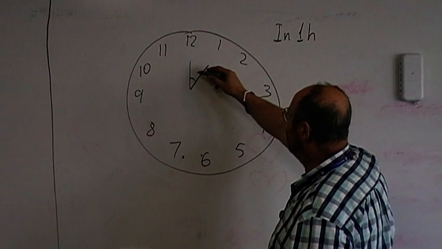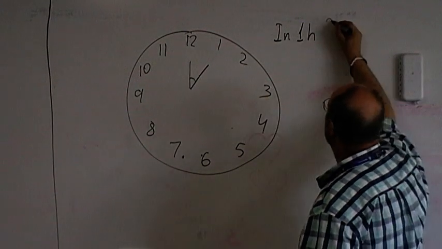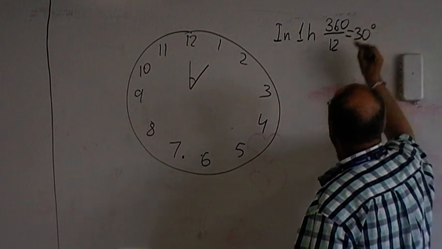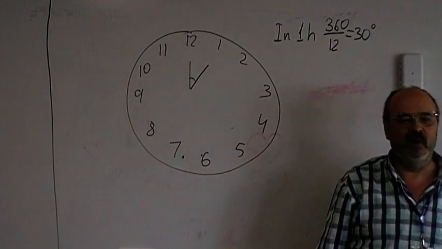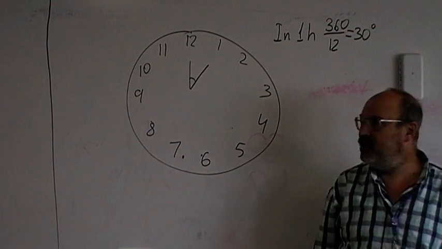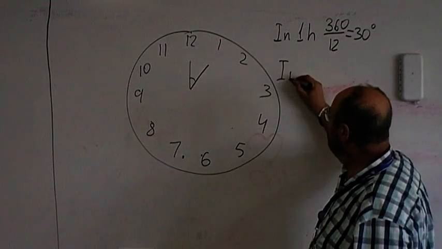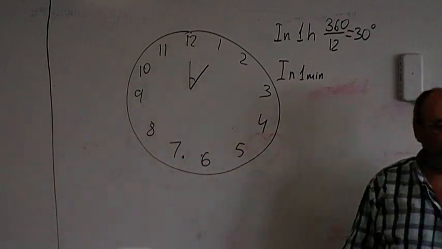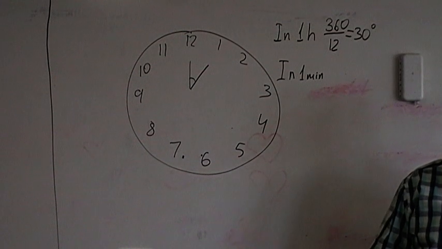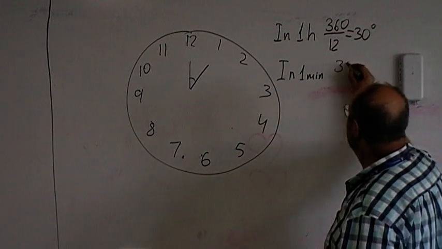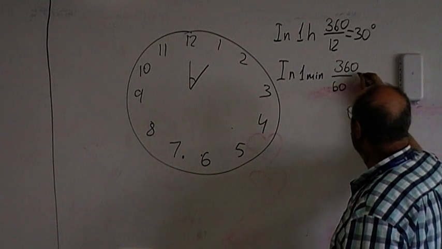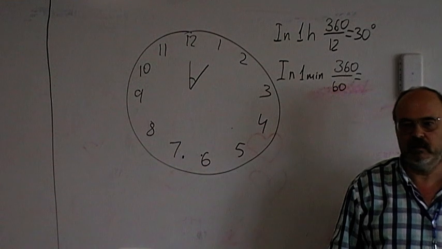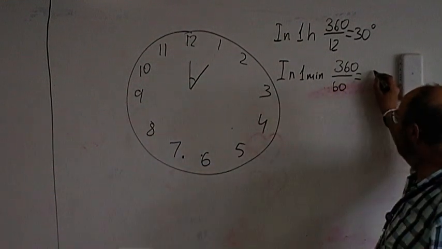Our hour hand will move 360 divided by 12, equal to 30 degrees. Now the minute hand: in 1 minute, how many degrees will it move? 360 divided by 60 is 6 degrees.